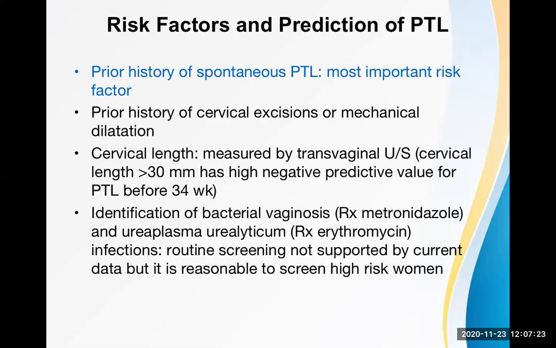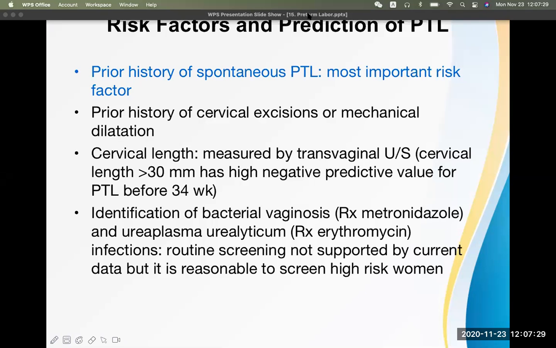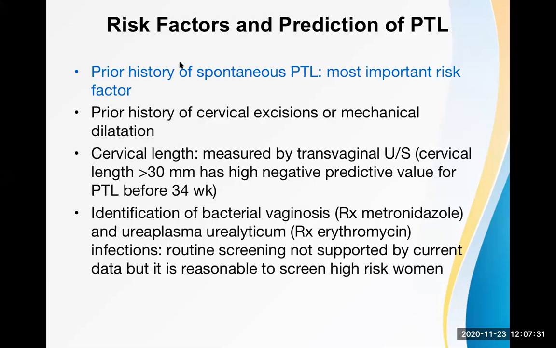Understand like that? There is one way to know the prediction of preterm labor, and that is done by measuring the length of the cervix. So see here, cervical length measurement. It is measured by transvaginal ultrasound, and if they find the cervical length more than 30 millimeter, it has a high negative predictive value for preterm labor before 34 weeks.